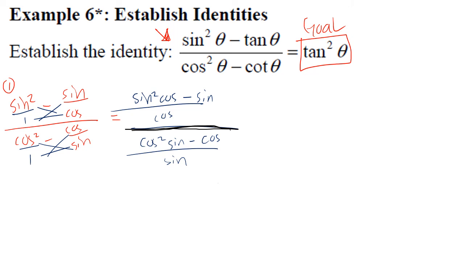In order to turn it into one fraction, I'm going to have to keep, change, and flip. So we have sine squared cosine minus sine all over cosine, times, and I'm going to reciprocate this, sine over cosine squared sine minus cosine.